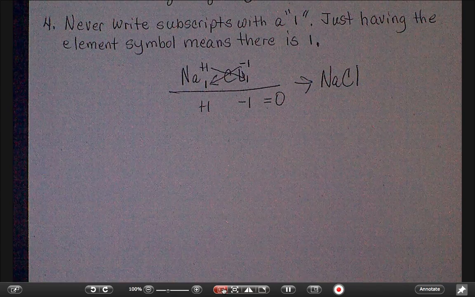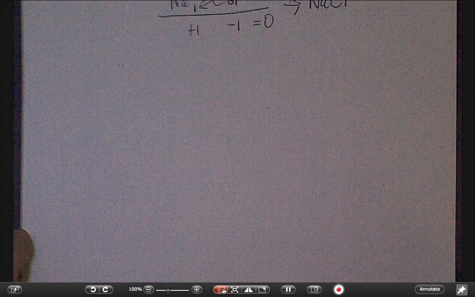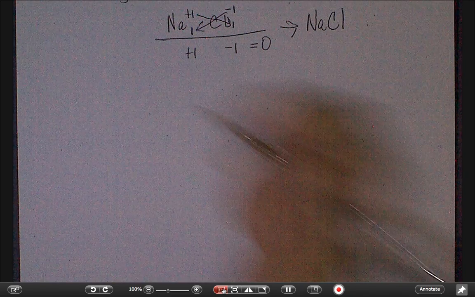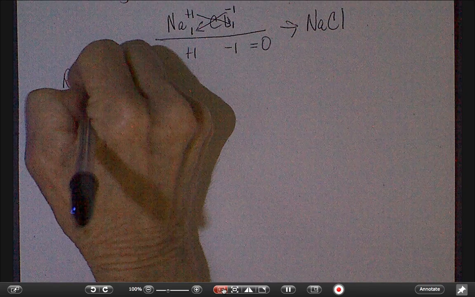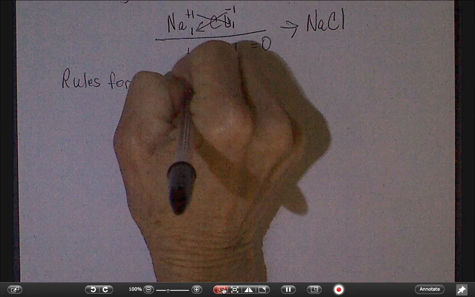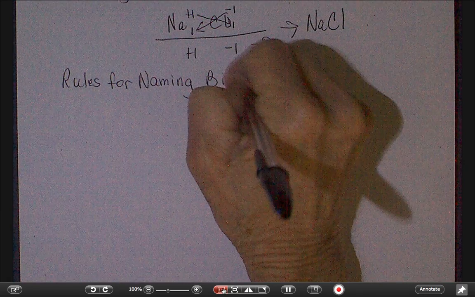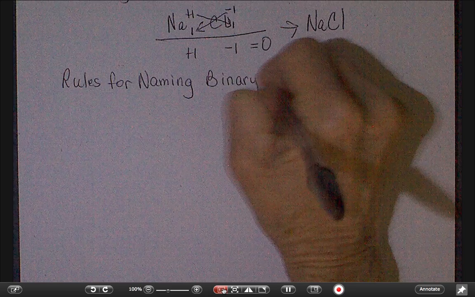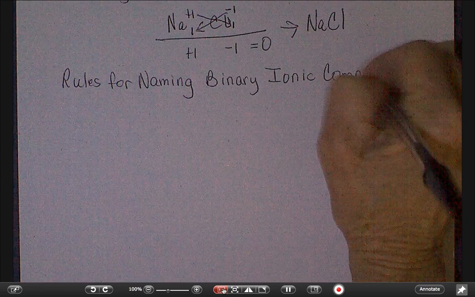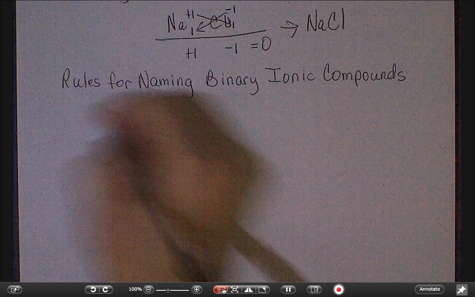Okay. Central heading: Rules for naming binary compounds. Let me put it this way, binary ionic compounds. Number 1.